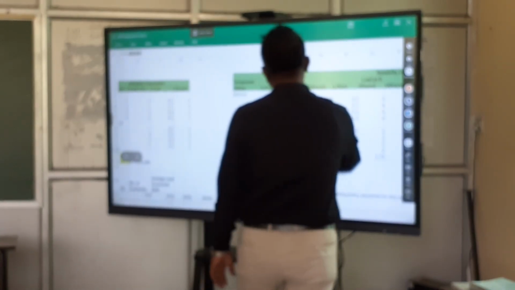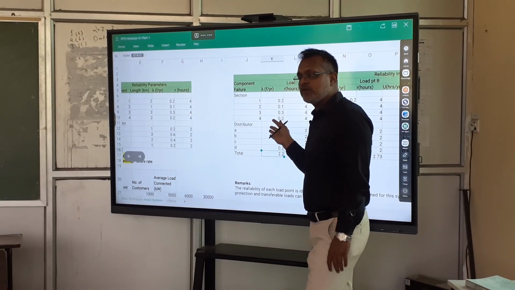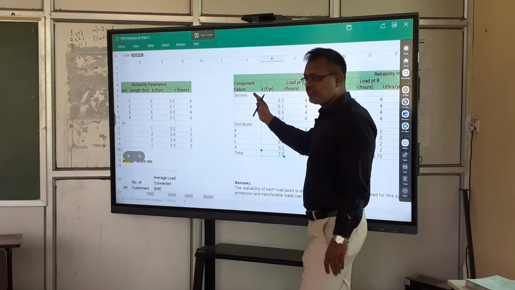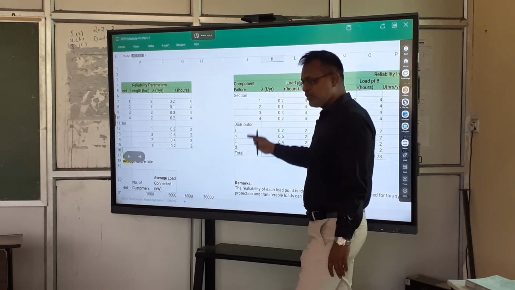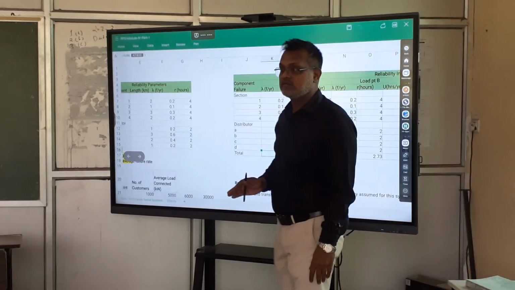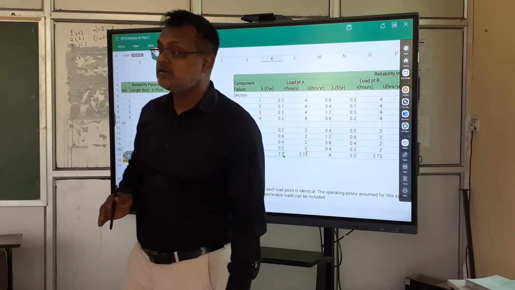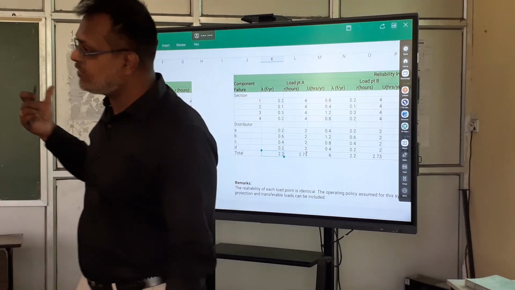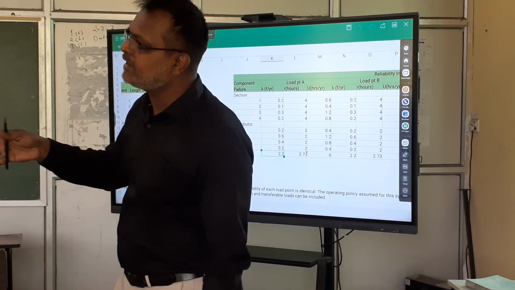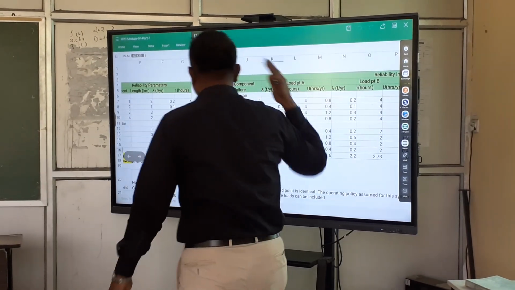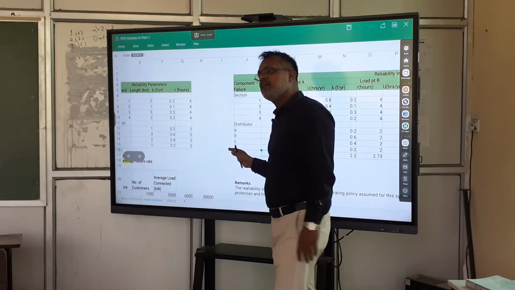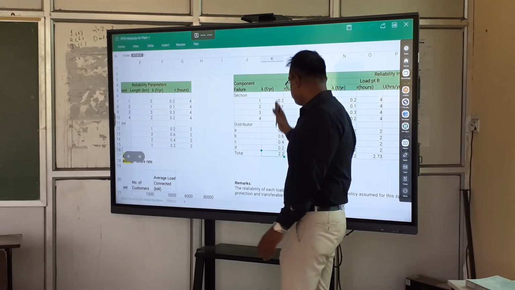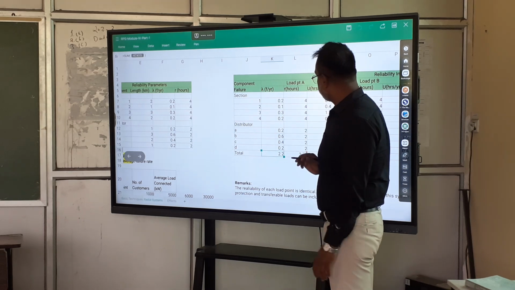Ideally, for load point A, only those connected to load point A should be added. But we are actually adding up all: every section 1, 2, 3, 4, every distributor B and C. Why? Yes, because it's a series system. Any failure will result in a feeder D failure. Suppose there is a failure at feeder D, then also the breaker X will operate. So we add up. This is lambda.